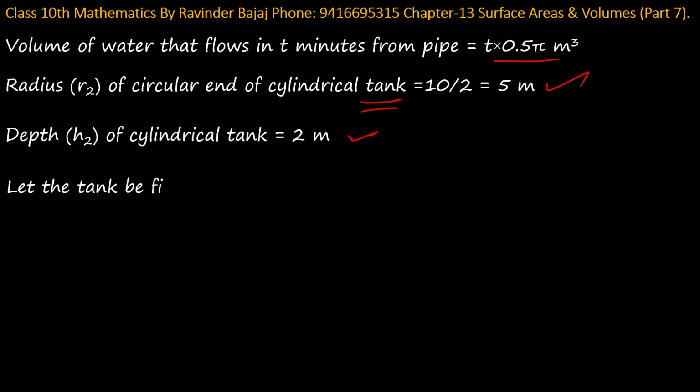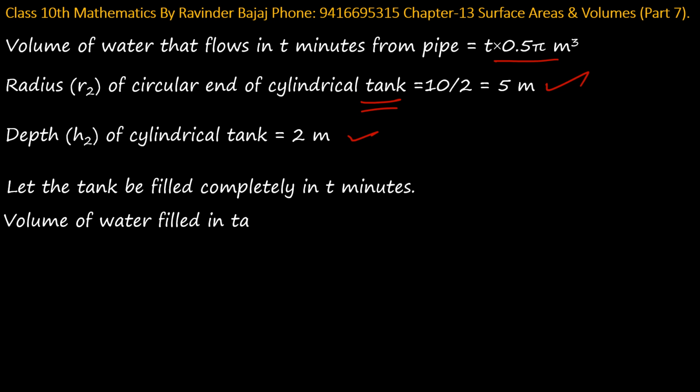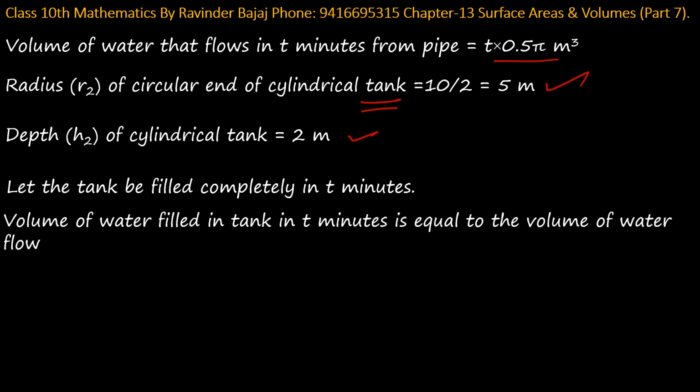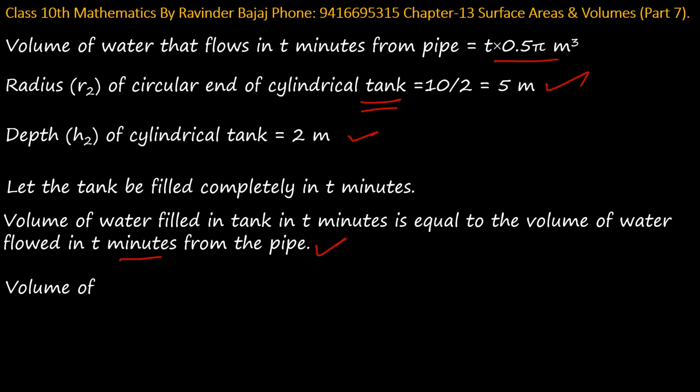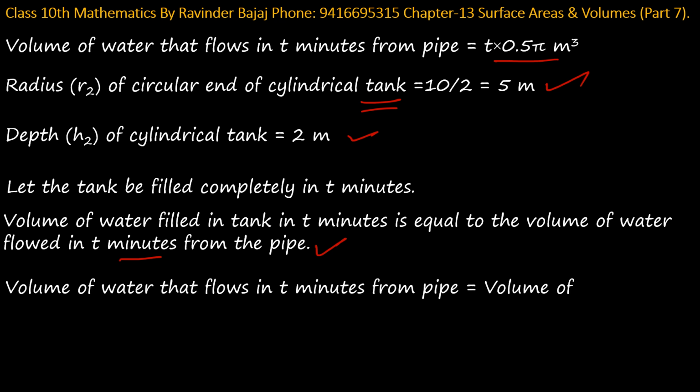Now let the tank be filled completely in T minutes. Then we can say that the volume of the water filled in the tank in T minutes is equal to the volume of the water flowing in T minutes from the pipe. So the volume will be equal in T minutes. Volume of water that flows in T minutes from the pipe is equal to volume of the water in the tank.